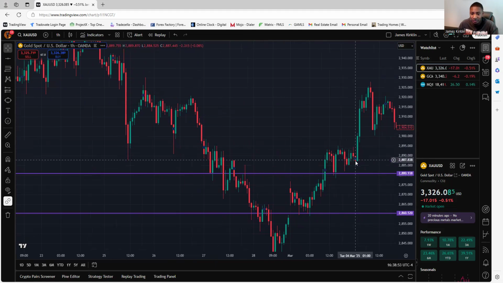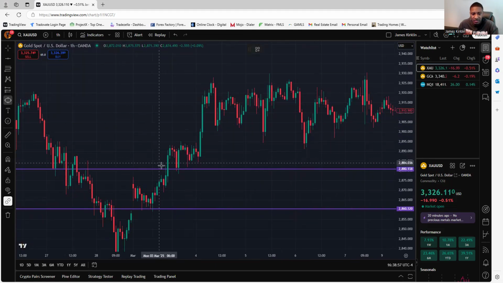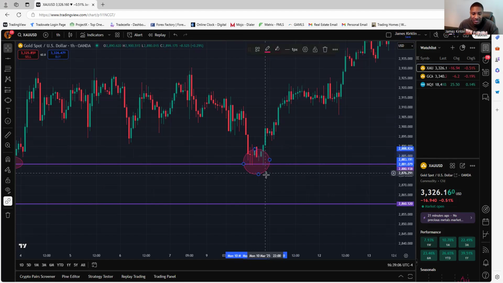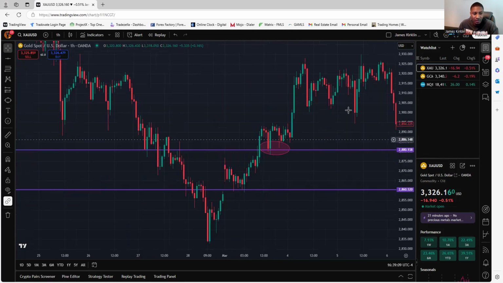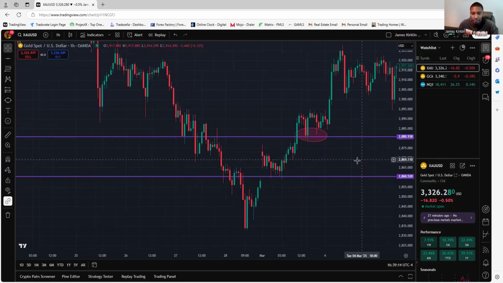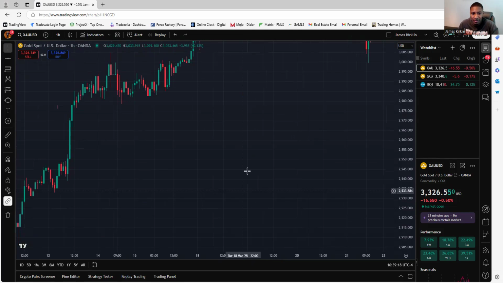Got held up here too. Held up here. You get the gist. I mean, I'm telling you, this is the first time that I've even looked at this. I just chose a random day. This same resistance turned support is getting held up from February 5th. And the market is just a repeating cycle, and it ain't been back since.